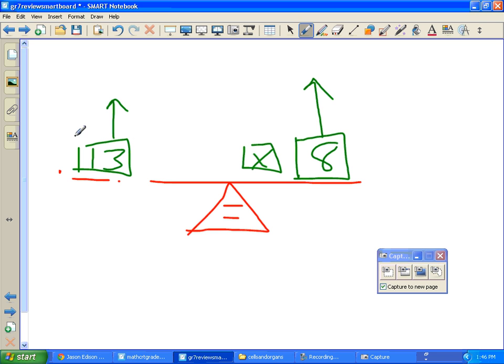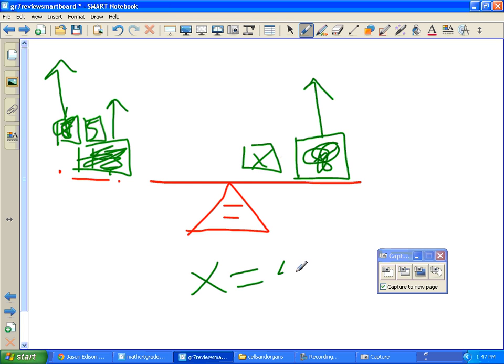So I can split 13 into 8 and 5. So I could split 13 into an 8 block and a 5 block. If I take both 8s off, all I'm left with is 5 and x. So x must equal 5.